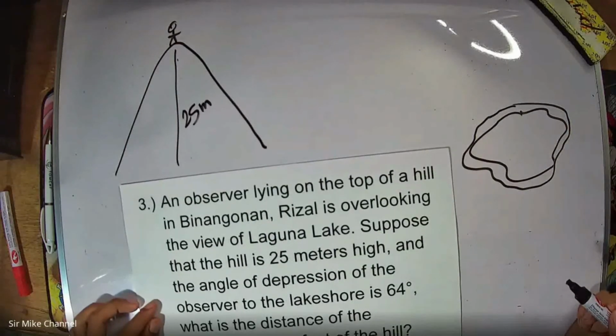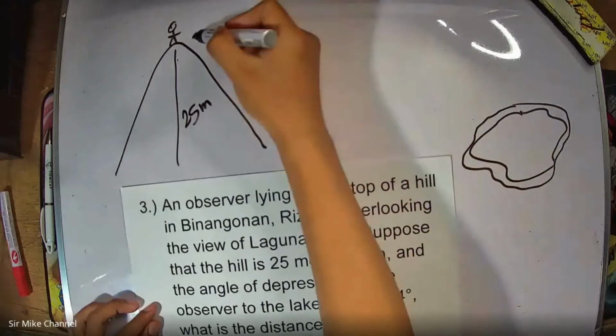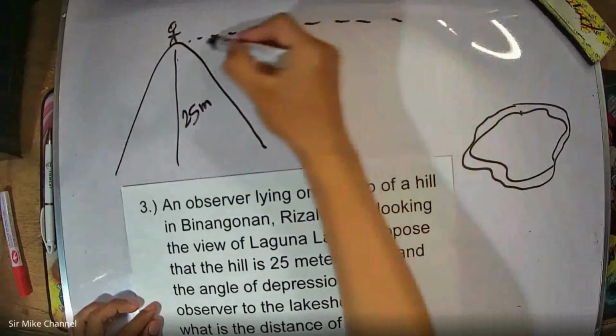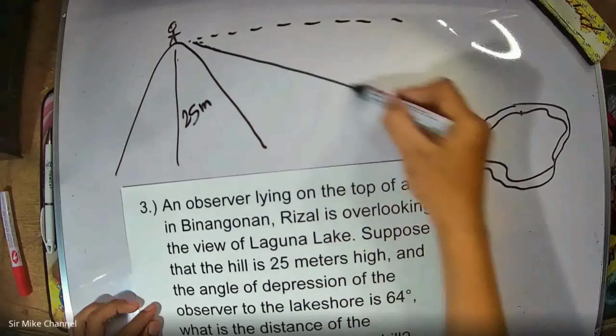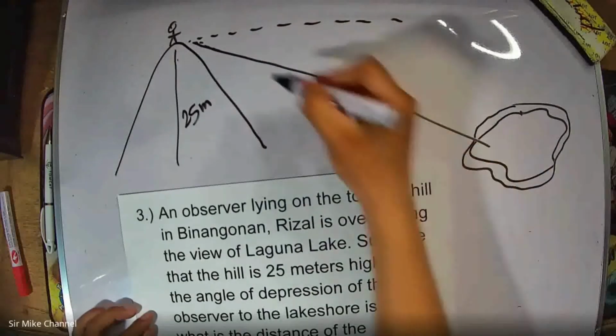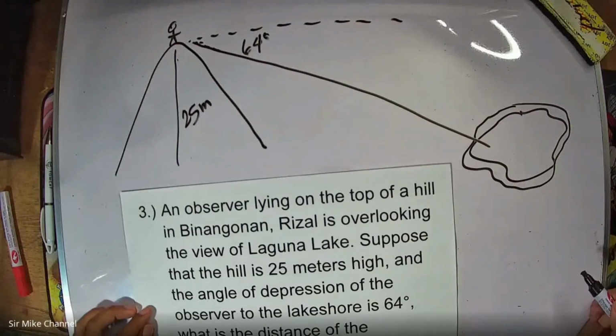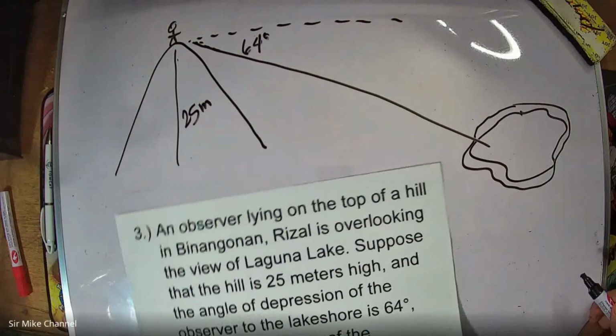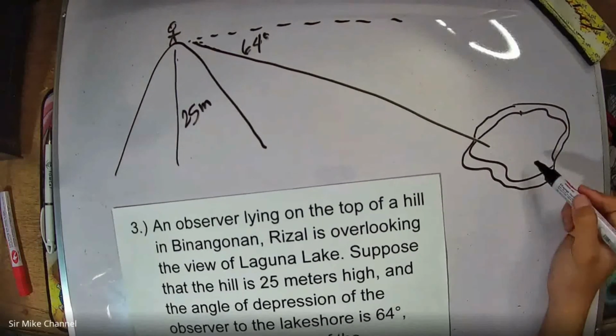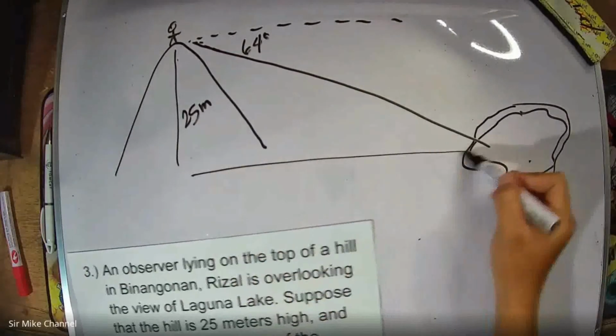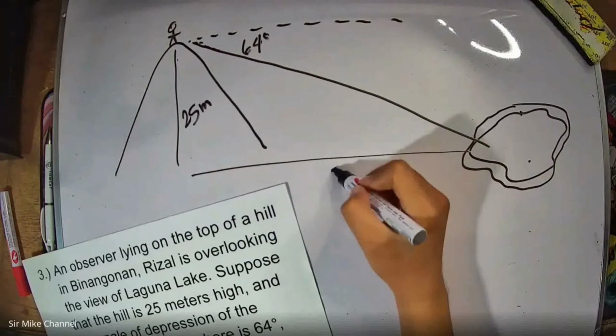The angle of depression is between the horizontal line and our line of sight to the lake shore, which is 64 degrees. The question is the distance of the lake shore to the foot of the hill. This is our missing value.